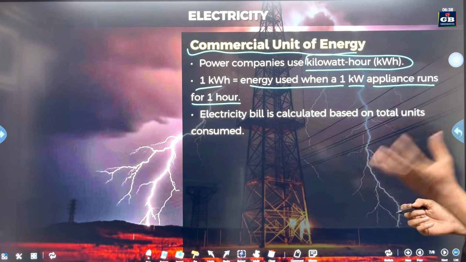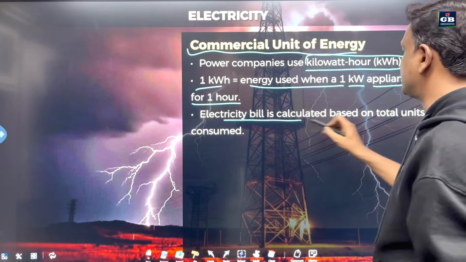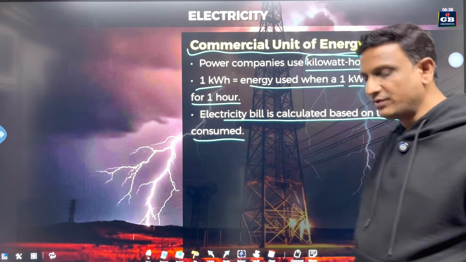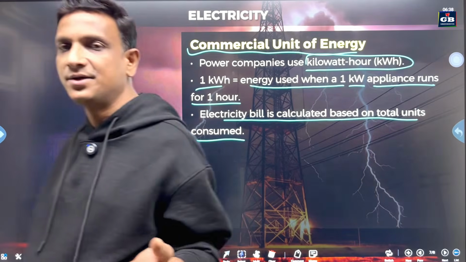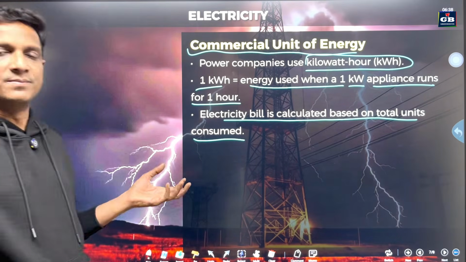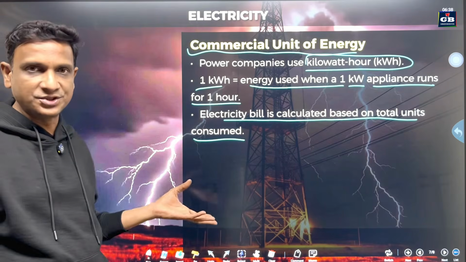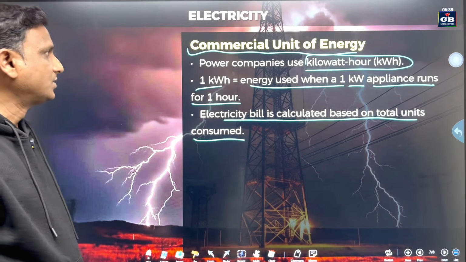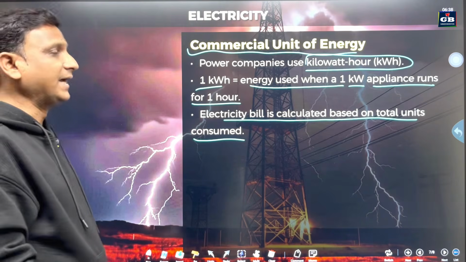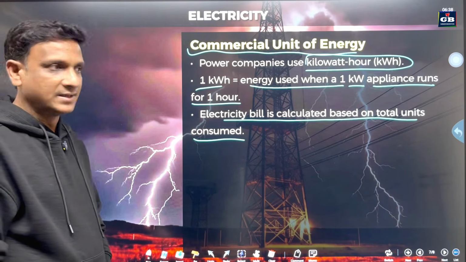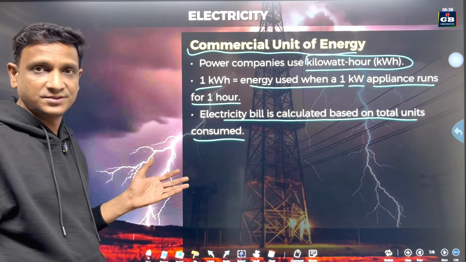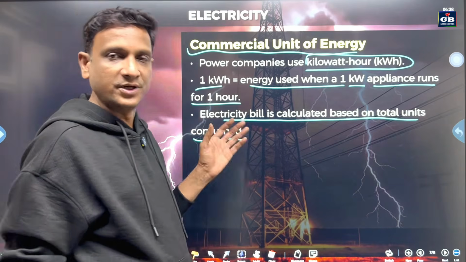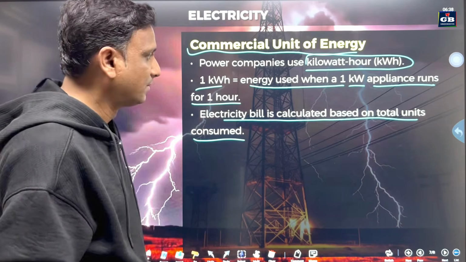So the electricity bill is calculated based on the total units consumed. So in a month we will be consuming 500 units, 600 units, 300 units. On the basis of that, per unit they will put some charge, and on that basis they will do the calculation, right? So this is about electricity and electric current, and voltage, electric potential, potential difference, electric power.